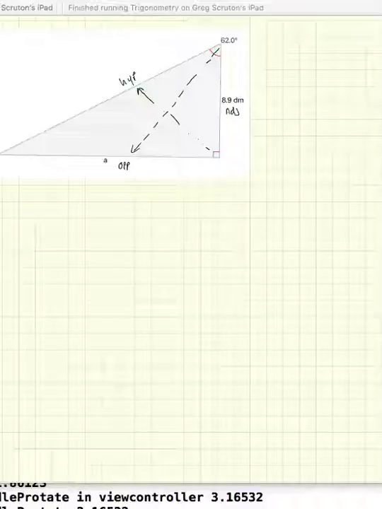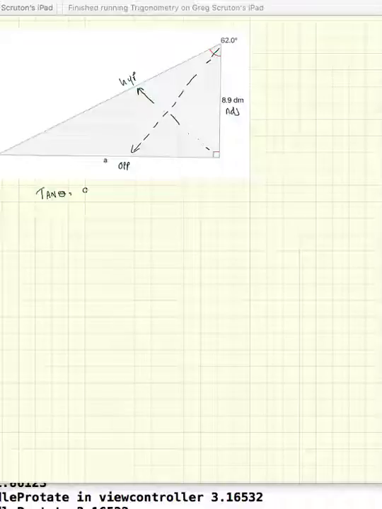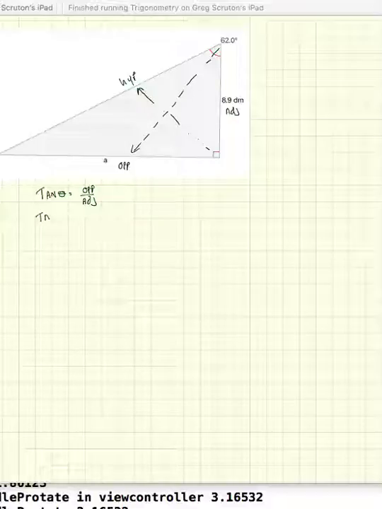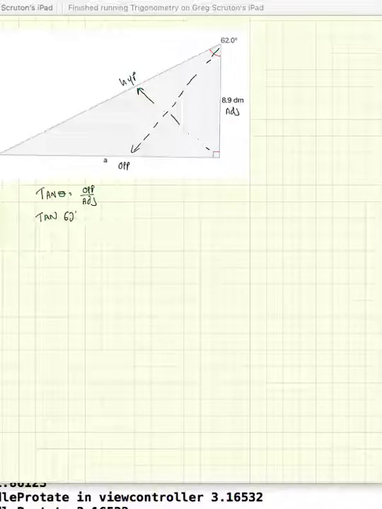Okay, so tangent of theta is the opposite divided by the adjacent. Okay, and so the tangent of 62 degrees is the opposite, which is our A side, divided by our adjacent, which is 8.9.